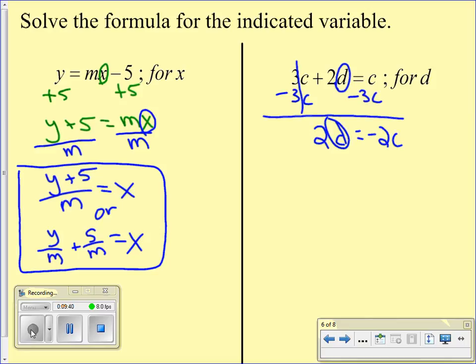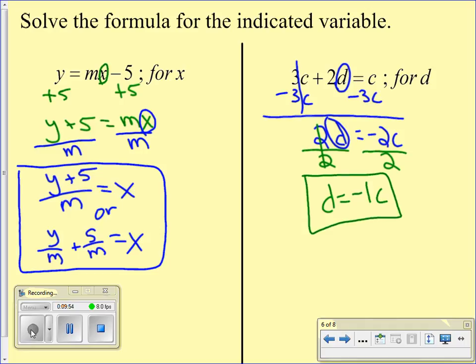To isolate the variable d, divide by 2, so that d is going to equal, well, negative 2 divided by 2 is negative 1c. A new equation, not a numerical answer.